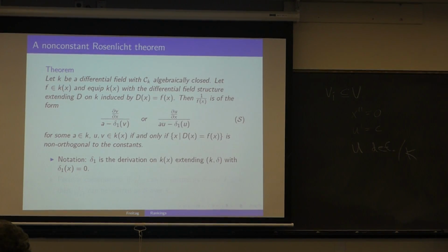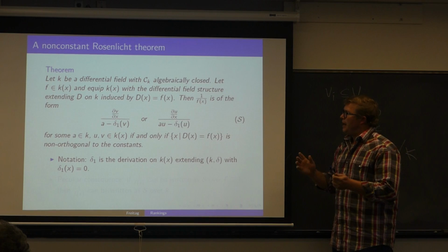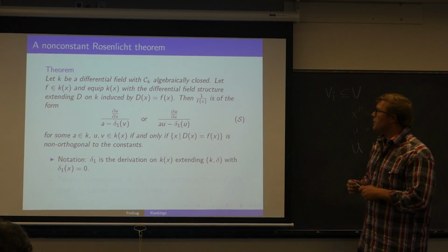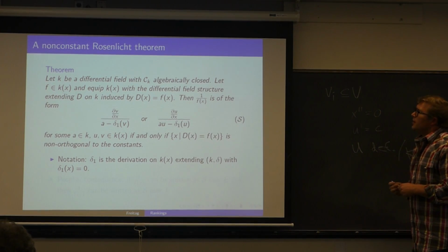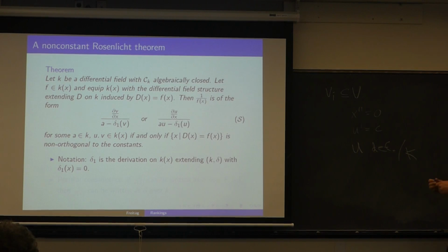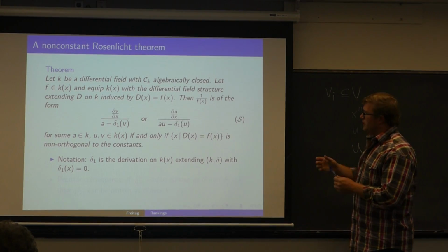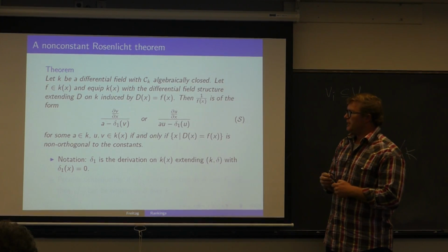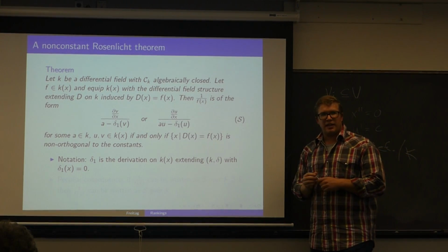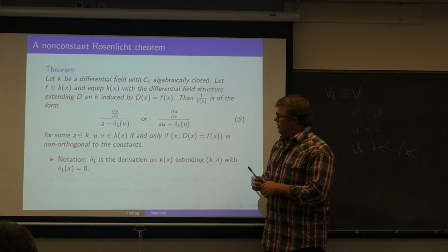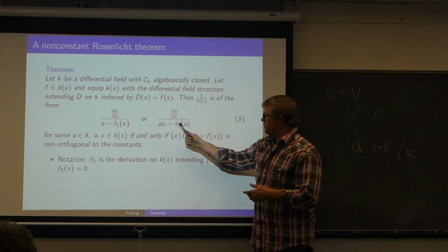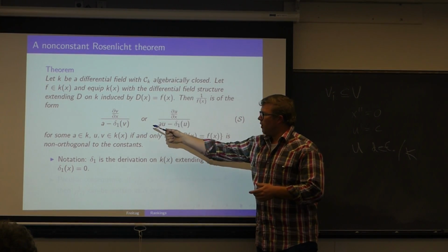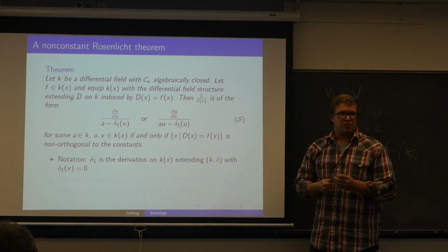But okay, I proved a sort of non-constant, parameterized version of Rosenlicht's theorem earlier this year. So the condition looks very similar. Again, I'm characterizing this notion called non-orthogonality to the constants. The condition looks very similar, except there's this appearance of a delta 1 in the denominator where there wasn't any before.